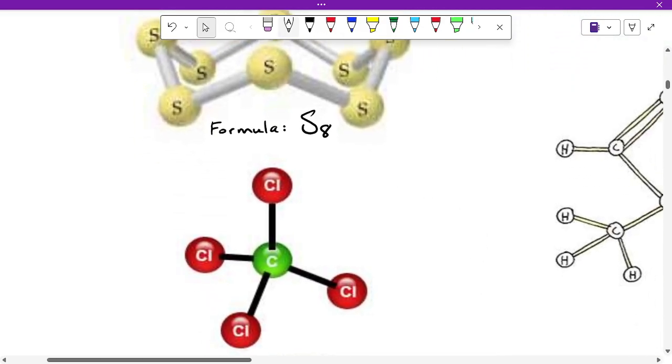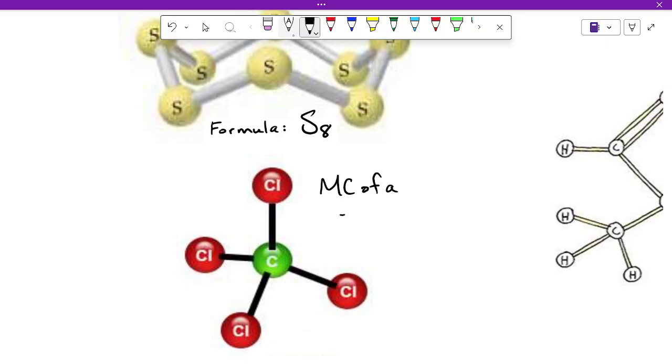How about this one? Is this a molecule of an element or a molecule of a compound? That's a molecule of a compound, because we've got carbon and chlorine. We've got different elements. And the formula for this one?